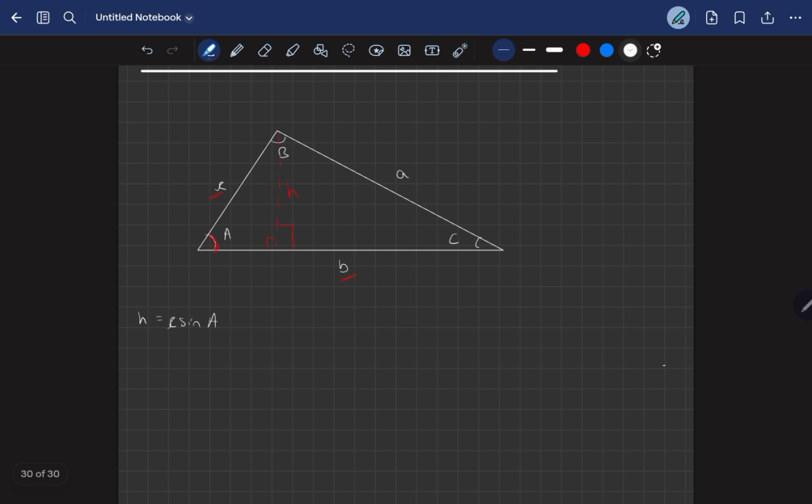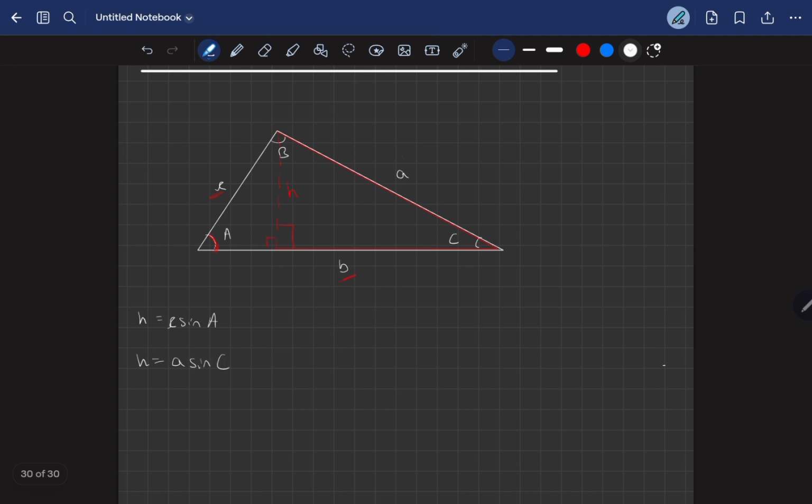However, there's another way of representing h, and we could look at the red triangle. This time, h is also equal to a times sine c, for the exact same reason.